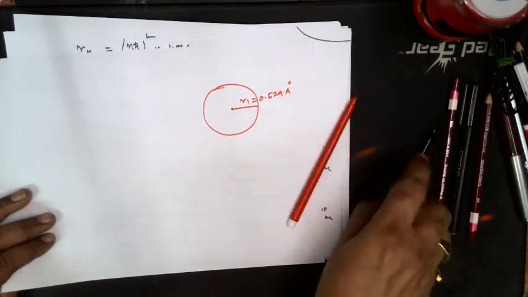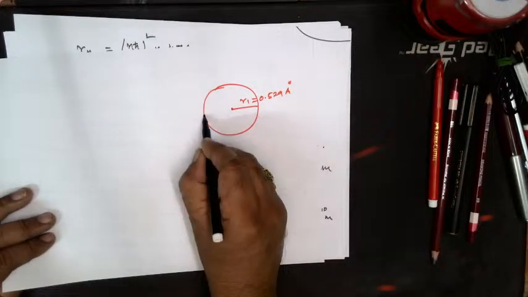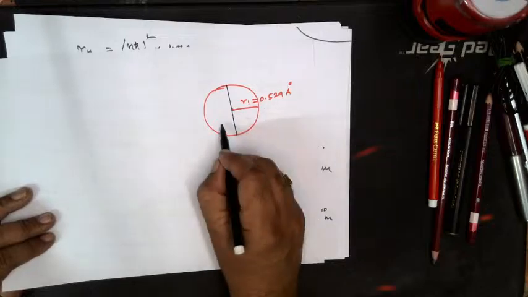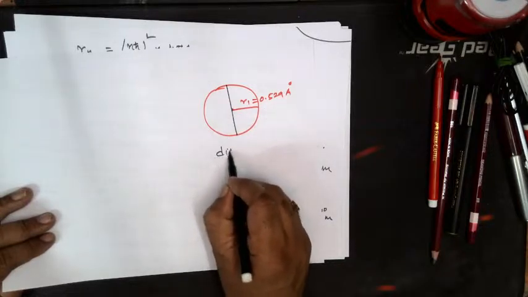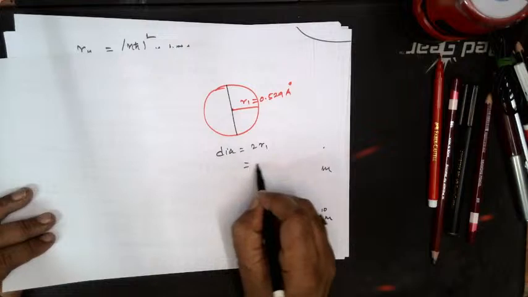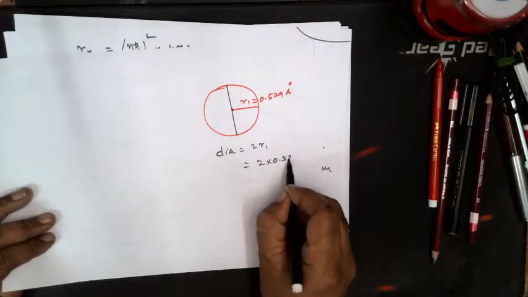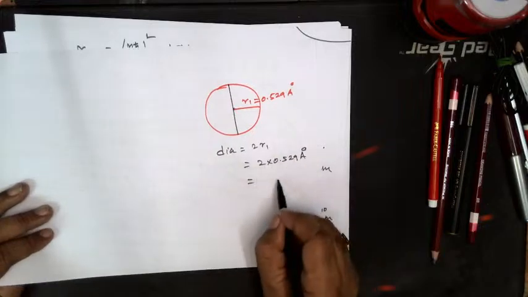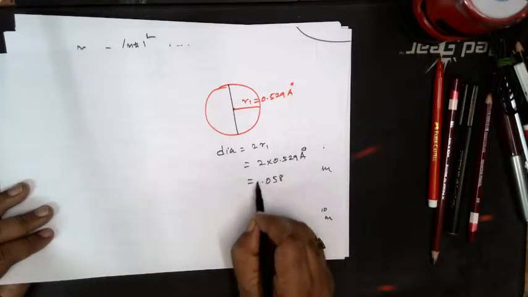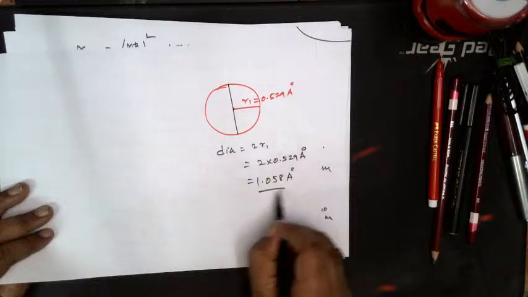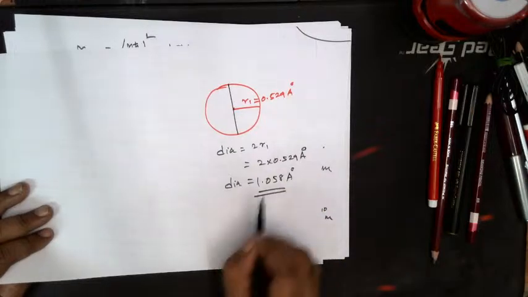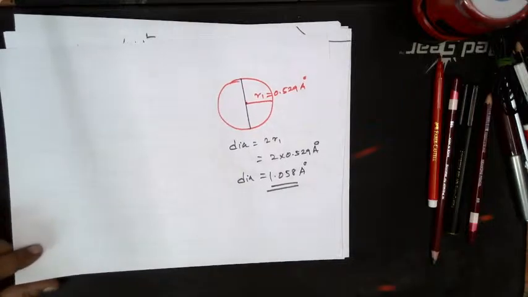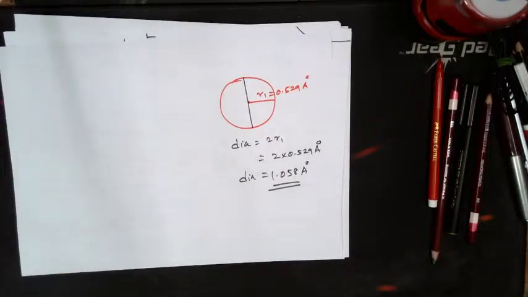I asked you to find out the diameter, which is nothing but 2R. So diameter is equal to 2R1, therefore 2 into 0.529 Angstrom, which is 1.058 Angstrom. That is the diameter of the hydrogen atom. Are you able to understand this? Yes, sir.